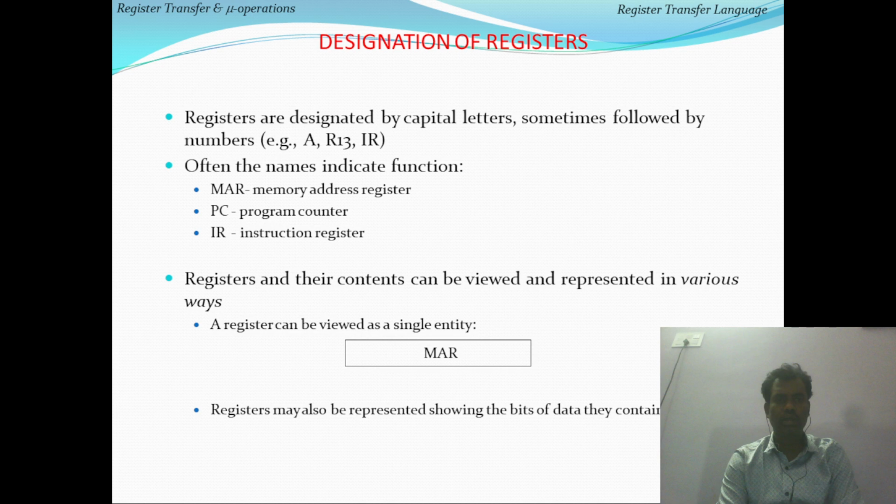The memory address register holds the address of the memory location where the data has to be stored or retrieved from. The instruction register is just to store the instructions that are fetched from the memory. And the program counter is just to keep track of the instructions that are executed by the processor one by one.